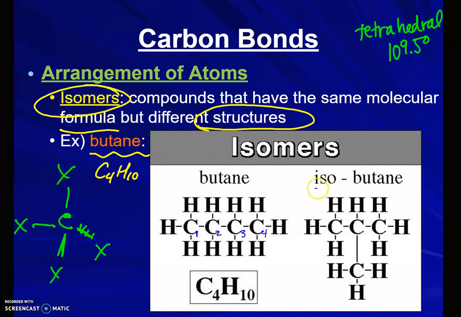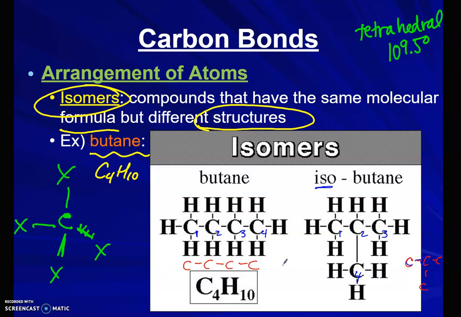Or you can have an isobutane, where you have one, two, three carbons, and instead of putting the last carbon on the end, one of these hydrogens right here is replaced with the fourth carbon. So it's kind of like a T-shape, if you look at that. So here is your carbon links that way versus your carbon links this way.